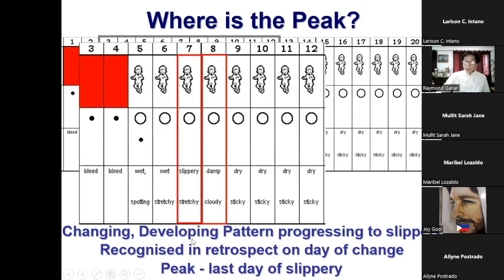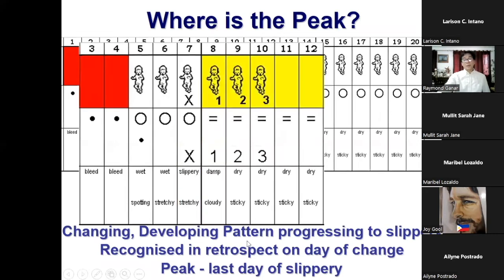You need to put an X on day 7, because it is a peak day, and for all the luteal phase, if there is presence of discharge, mark it with an equal symbol or a color yellow.